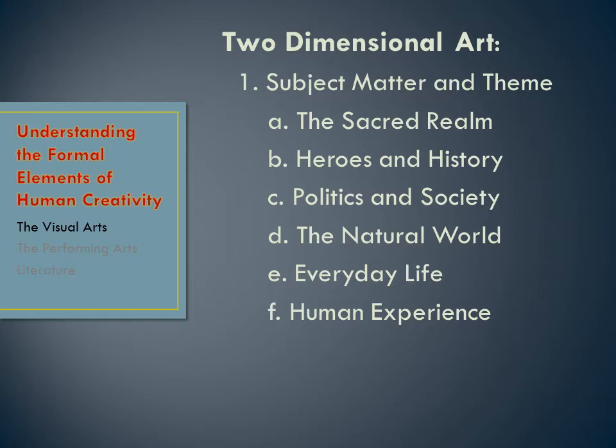Now, themes in art have to do more with ideas rather than what the subject or the thing portrayed is. Themes would be ideas and feelings like democracy, justice, injustice, pain, any of those more abstract kinds of things, coming of age, the journey through life. All of those have to do with themes as opposed to subject matter. Let's move on to another way of looking at two-dimensional art.